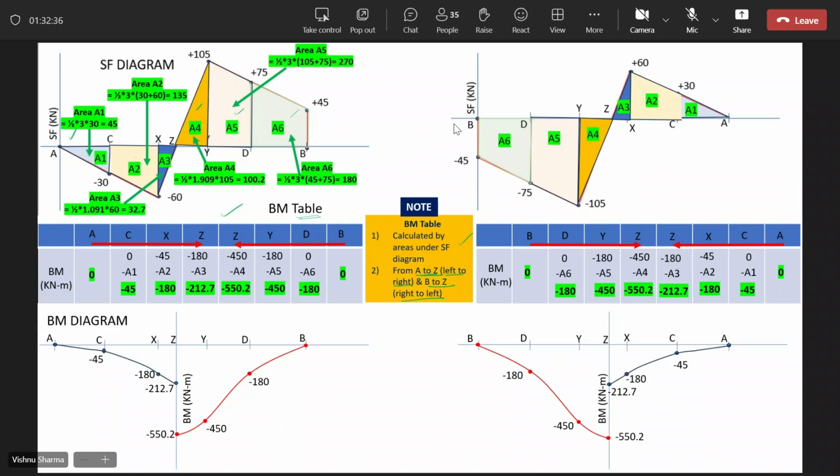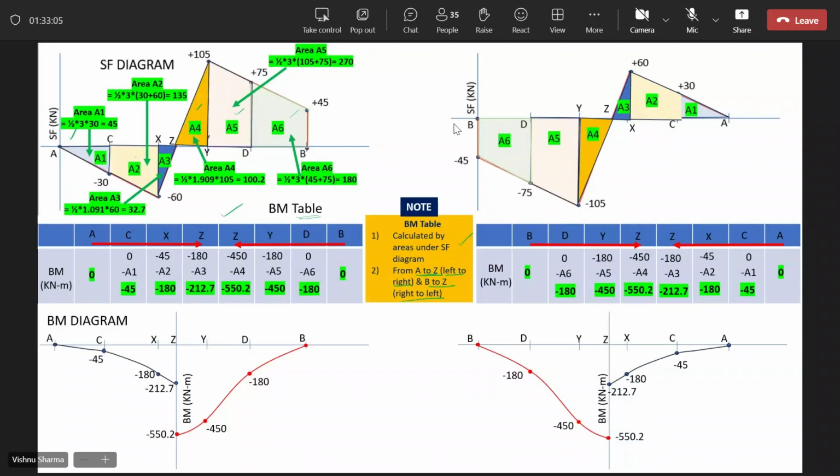Please let me know. No questions, doubts? Then we make the diagram.